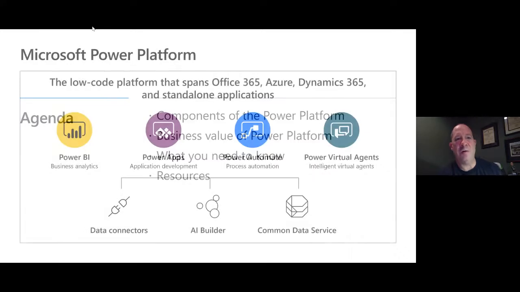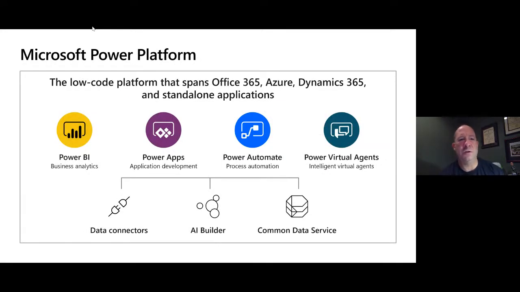So jumping in, Power Platform is Microsoft's low-code platform that spans across Office 365, Azure, Dynamics 365, and other standalone applications. The four main components are Power BI, which is the Power Analytics component, Power Apps, which is the application development component, Power Automate, business automation, and then Power Virtual Agents, which is the intelligent virtual agents or the chatbot framework.